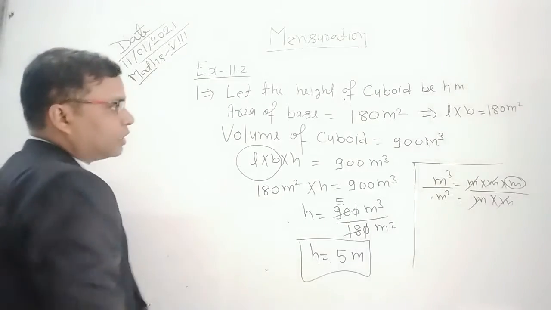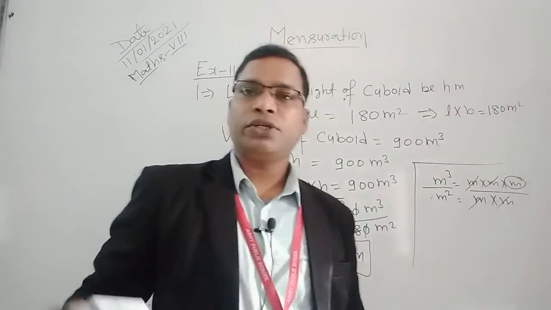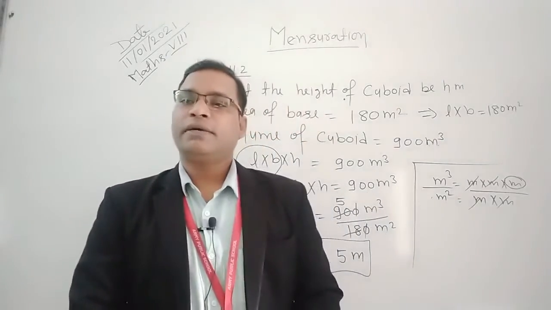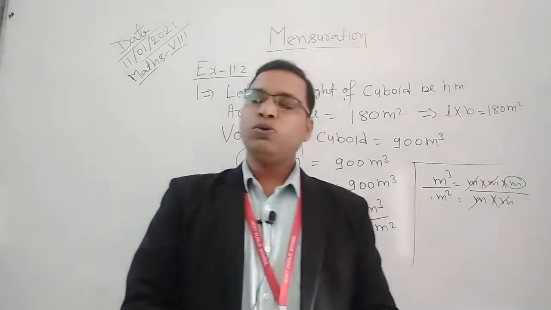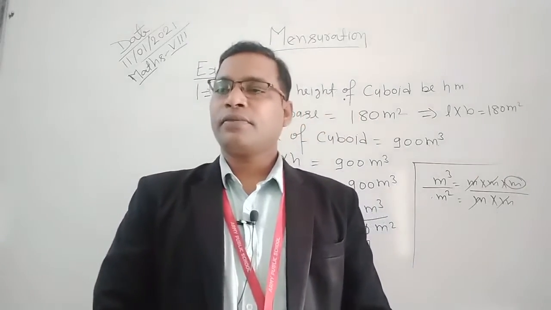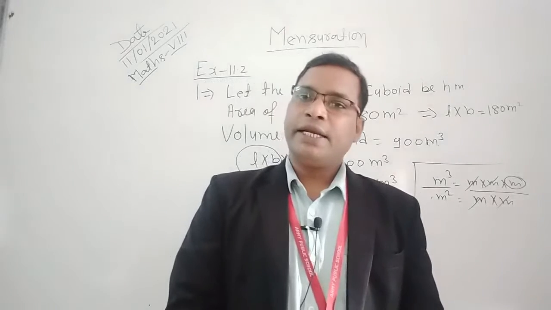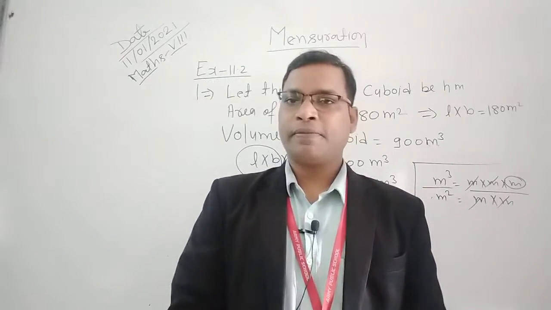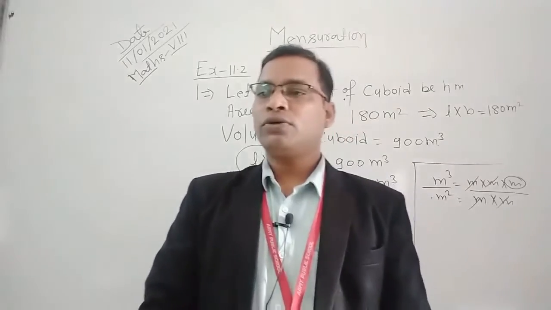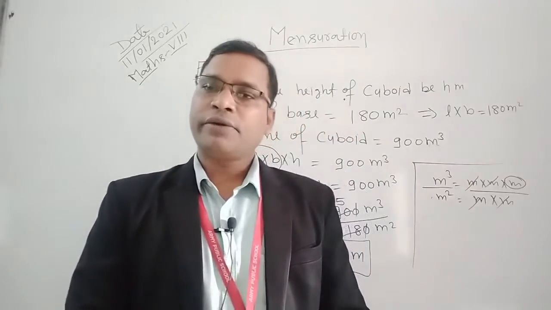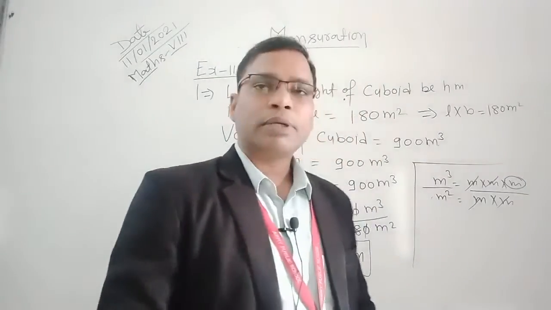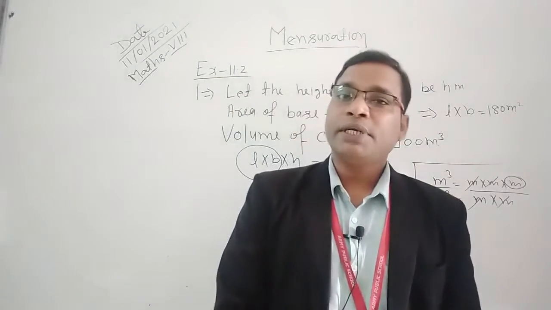Now, student, I hope all of you understood this question. In this question, we are given the base area 180 meter square and volume 900 meter cube, and we find the height of the cuboid. For this we know very well the volume of cuboid is equal to area of base into height.